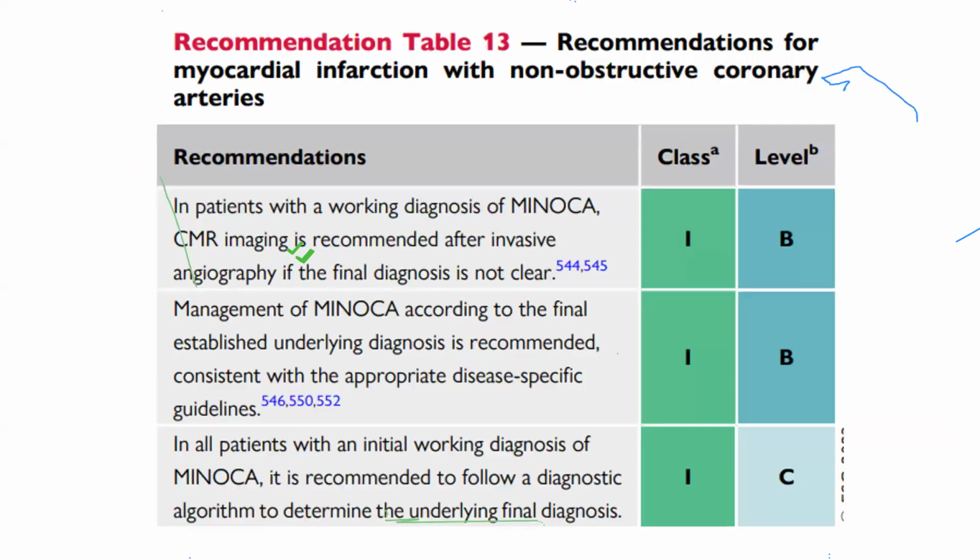Now, recommendations for myocardial infarction with non-obstructive coronary arteries, MINOCA. In patients who have a working diagnosis of MINOCA, cardiac MRI is recommended after invasive angiography, if the final diagnosis is not clear.